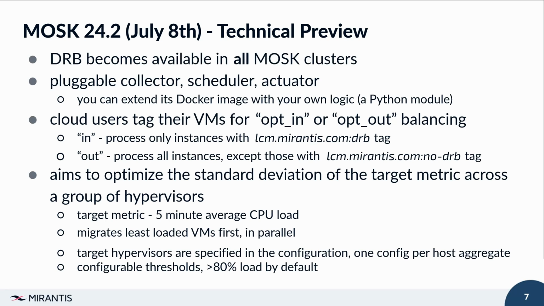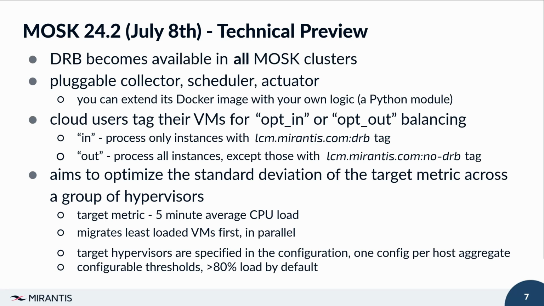Basically, we're trying to make sure that this metric is almost the same across all the hypervisors comprising the OpenStack cluster. The decision making is built around the idea that the least loaded VMs need to be migrated first, and it tries to do this in parallel, in bulks.